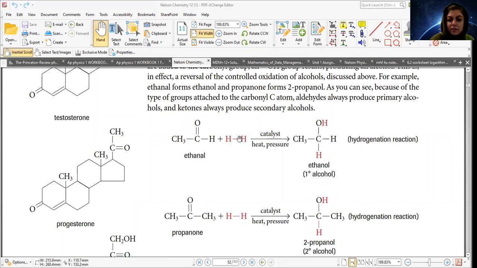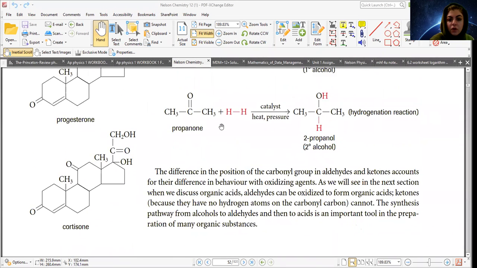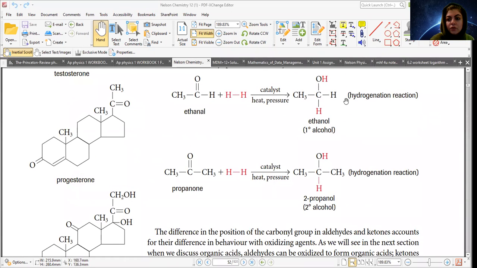If this is ethanal with H2, it gives you first degree alcohol. If this is the ketone, the same thing happens, but it will give you the second degree alcohol, of course. Again, this double bond will be broken. You need to have H attached to O and you need to have an H attached here. So you'll have an alcohol, second degree alcohol. And we call this one hydrogenation because you're adding hydrogen.